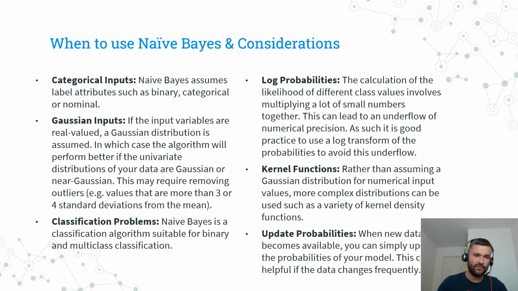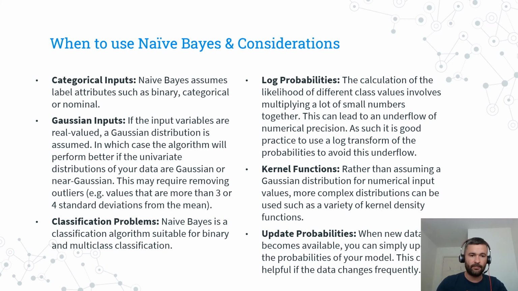If your data's univariate distributions are Gaussian or close to Gaussian, the method will operate much more effectively. This might necessitate deleting outliers, so values that are more than 3 or 4 standard deviations from the mean. Your classification problems: the naive Bayes algorithm is appropriate for binary and multi-class classification.